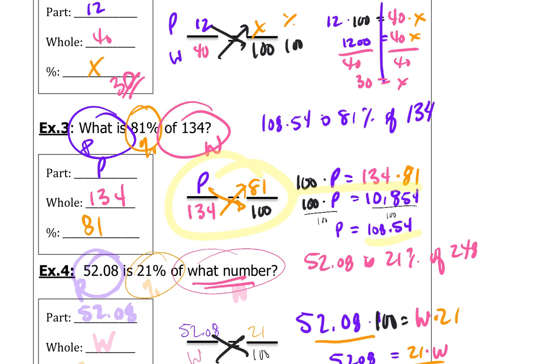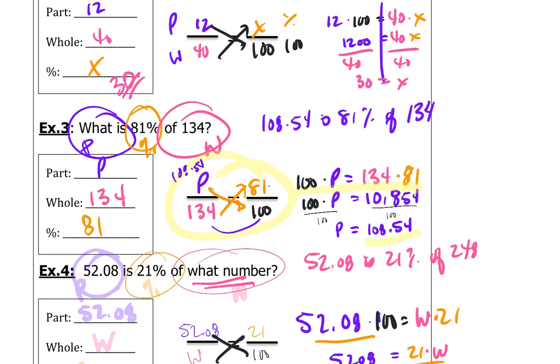Okay, and if you're wanting to check, you should probably just write this out. This would be 108.54. Does that make sense? You're looking at it and saying, well, it should be smaller than 134 because 81 is smaller than 100, and it should be bigger than 81 because 134 is bigger than 100.